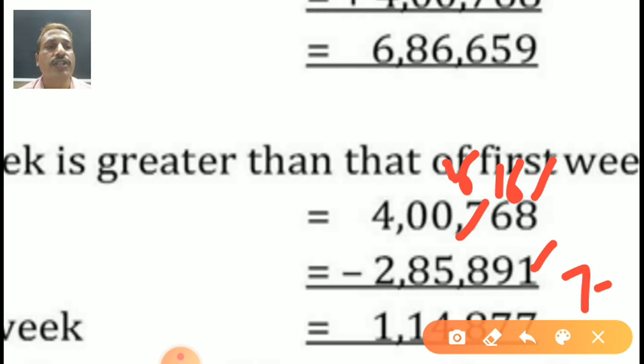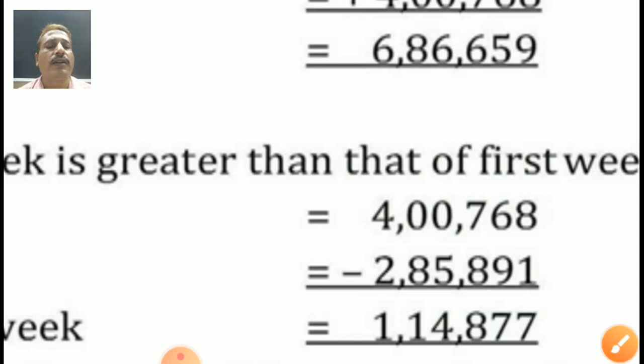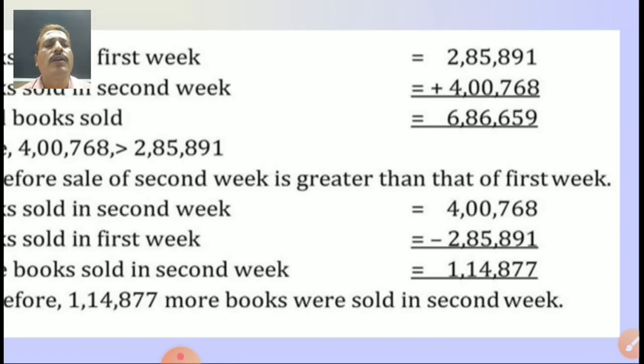Now here 16, 16 minus 8. Now here is the 9, here is also 9, here is the 3. Yes, the final answer is here: 1,14,877 more rupees were sold in the second week of June.